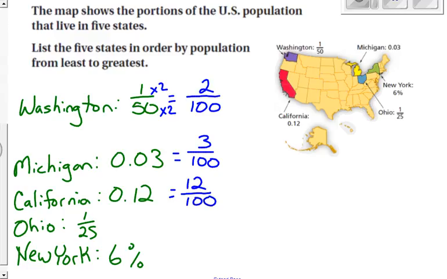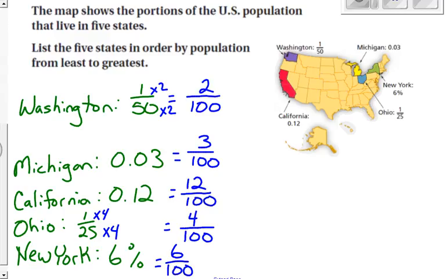Ohio is already a fraction, but we do want to make that a fraction with a denominator of 100. So 25 times 4 gives me 100. So 1 times 4 is 4. And then we have 4/100 for Ohio, and New York is 6%, and 6% is 6/100.